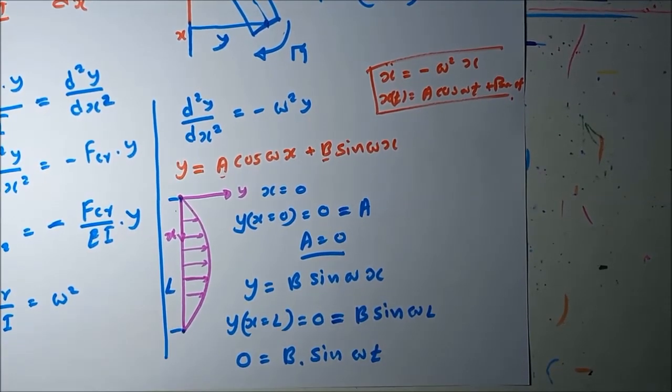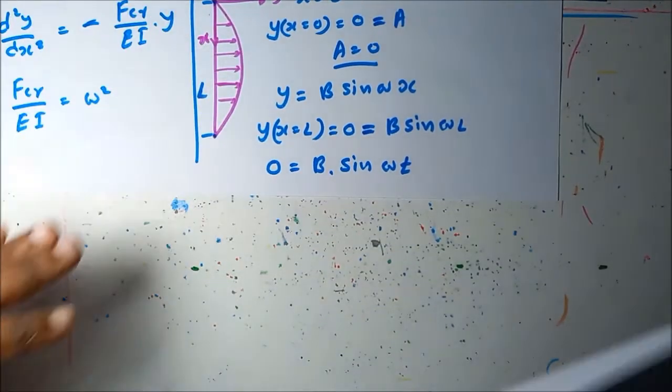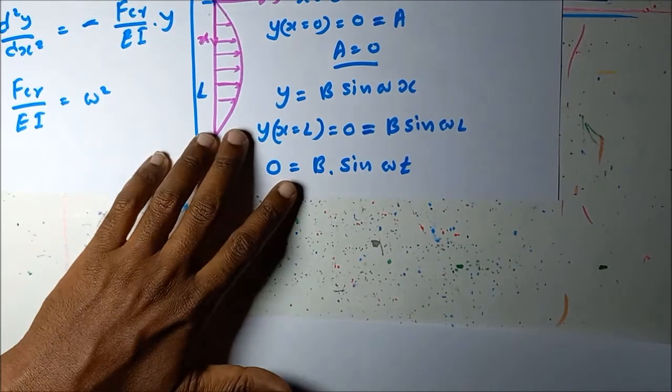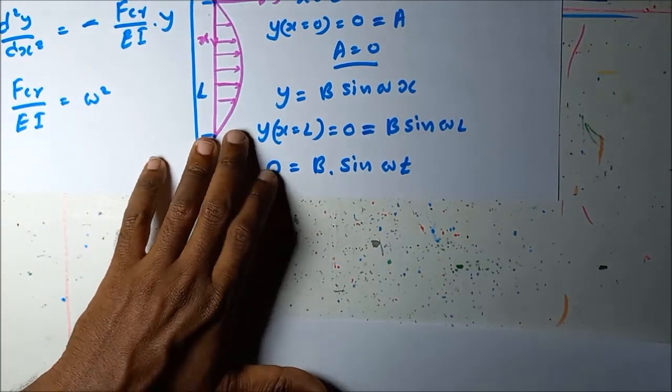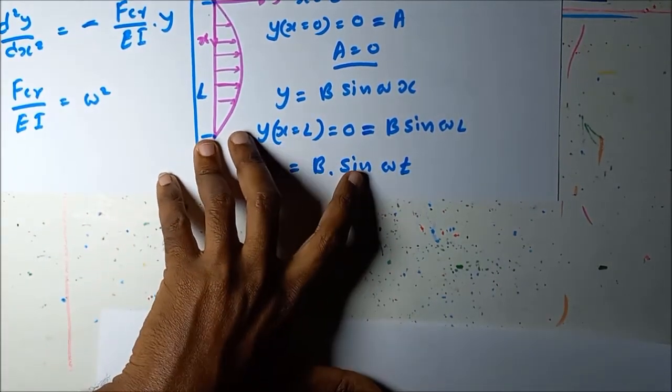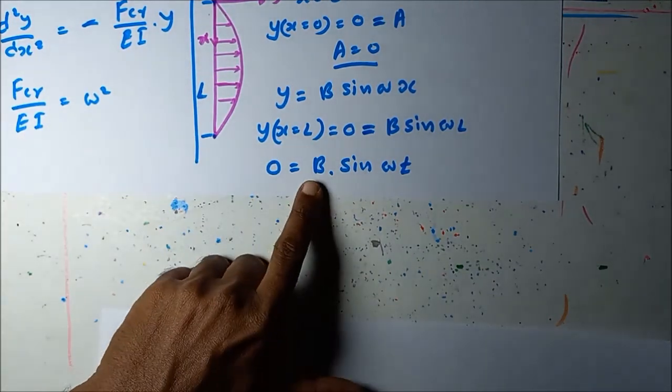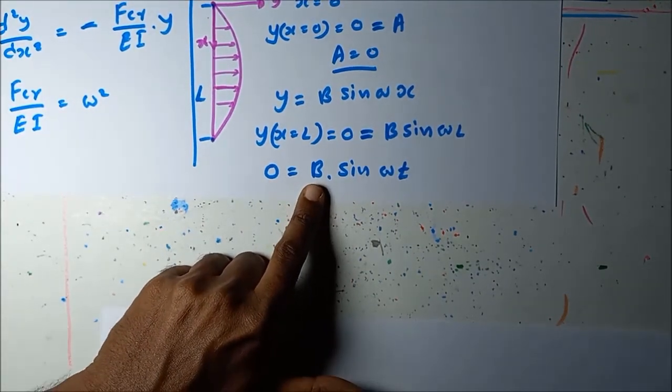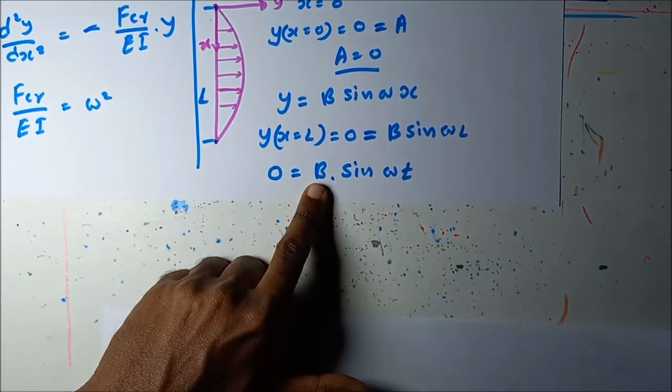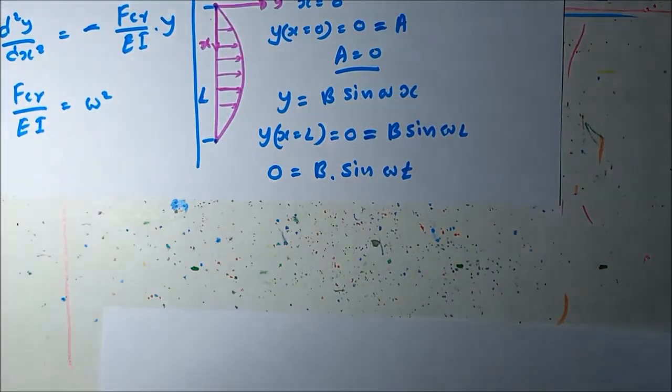You can see the multiplication of two terms is equal to 0, which means either this term is equal to 0 or this term is equal to 0. This one, b, cannot be equal to 0, because if it is 0 we don't have an equation.